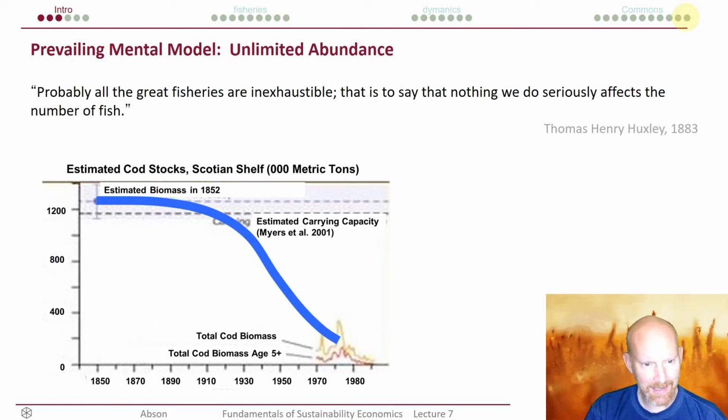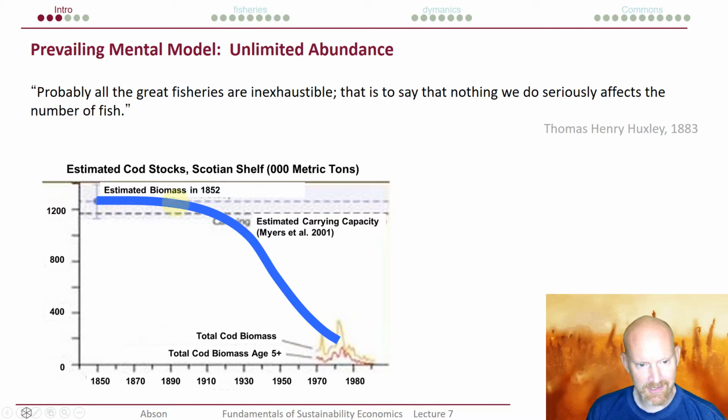So this is an estimate of the biomass of cod stocks in the Scotian Shelf, so Nova Scotia, again in Canada, with the estimated biomass in 1852, and then its decline until when we actually started measuring these things accurately, maybe that isn't even the right word, but deliberately measuring cod biomass in the 1970s.